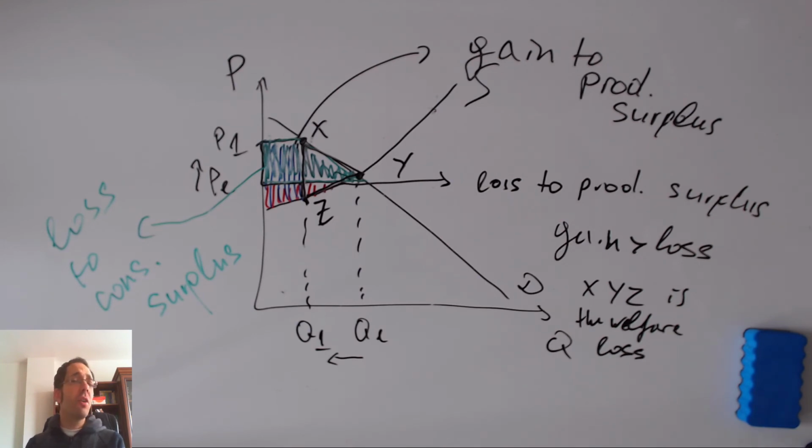Anyways, I cannot go through every single example to show you how the efficiency will be changing and how the consumer and producer surplus will be changing. But I hope that you get the idea that you need to look at the old situation, compare that to the new situation, compare the old consumer surplus with the new consumer surplus, the old producer surplus with the new producer surplus, the old welfare loss with the new welfare loss, if any, and based on those, make a statement that says, the market is better off, the market is worse off, society is better off, society is worse off, because so and so.